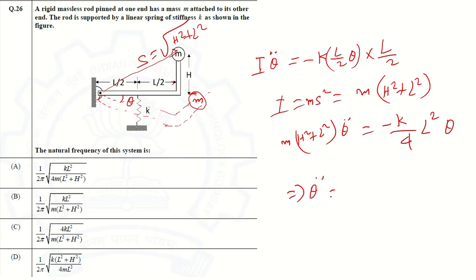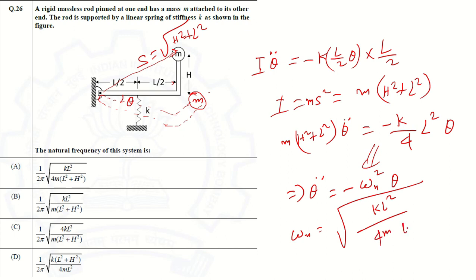Or theta double dot is equal to minus omega n square into theta. Now omega n is equal to under root, if we compare with these two, k l square divided by 4m into l square plus h square, right?